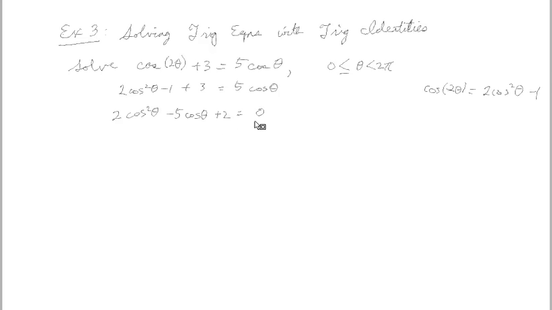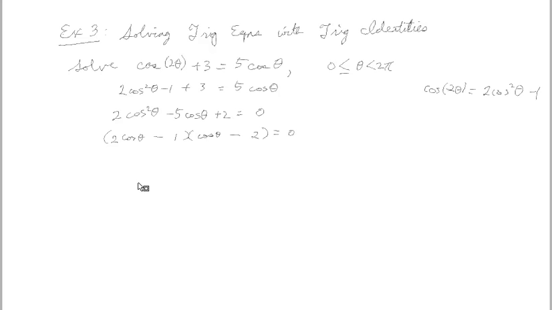Now let's factor it. 2 cosine theta and cosine theta, those are my options there. I have a 2 and a 1. That's a 5, so the 2 is probably going to be over here. Since that's a plus, these have to be the same, and that's negative, so that would be negative.